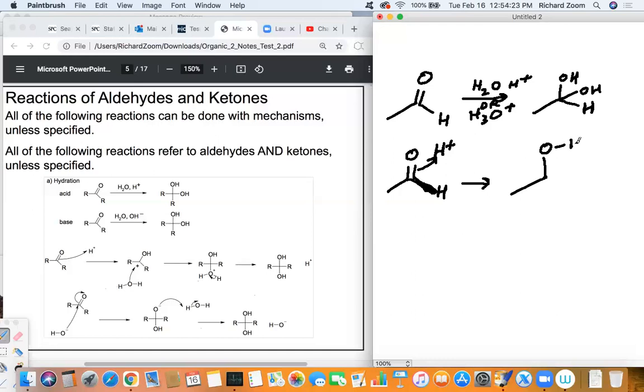The H is going to join onto the O, but effectively what's happening is that these two electrons are being used to form this new OH bond, and this carbon here is effectively losing an electron, which means that the positive charge gets transferred to that carbon atom. So the positive charge that was on the H is now on the C. Does anybody have any questions about that first arrow?